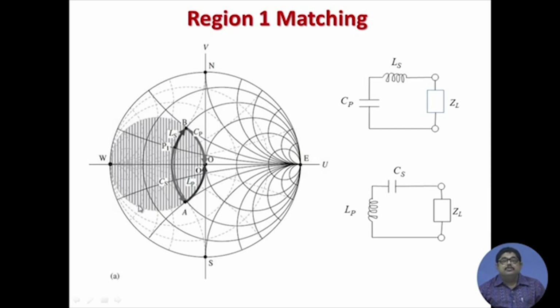Or the second one means I will have to be pulled like this. If I want this anti-clockwise movement, then I need a CS in the series part and one parallel LP. So, either this or the second one is my choice.